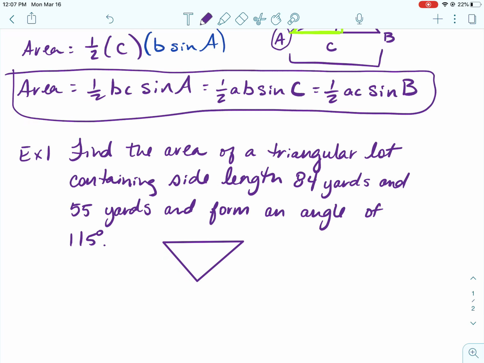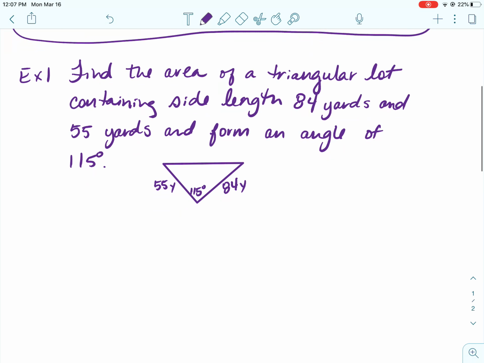Okay, so I'm just going to jot down a diagram of this triangular lot. Okay, so I know I have a side length of 55 yards and a side length of 84 yards. And then in between those, I have an angle of 115 degrees.